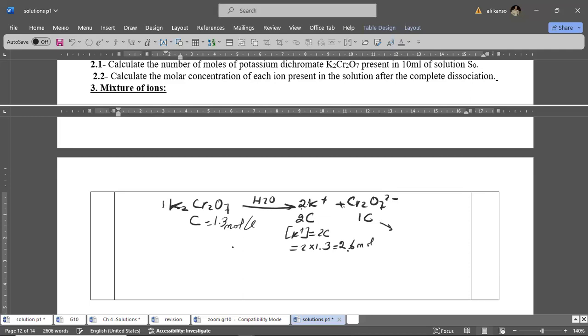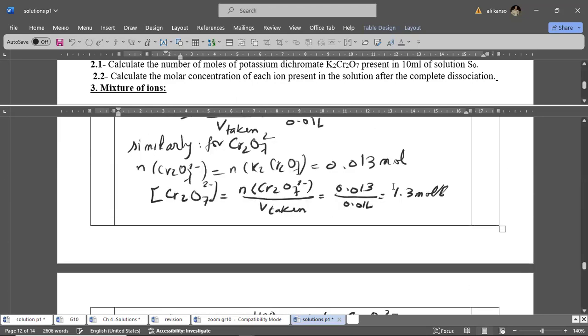And the concentration of Cr2O7 2 minus will be also C, which is 1.3 mole per liter. Okay, the same answer that we got above.